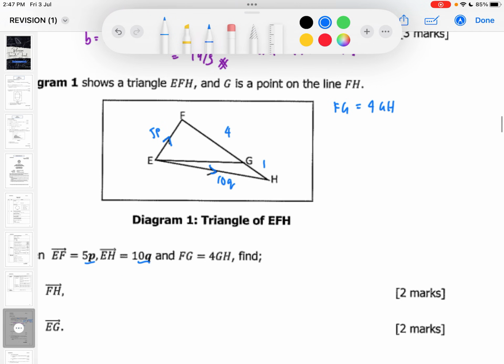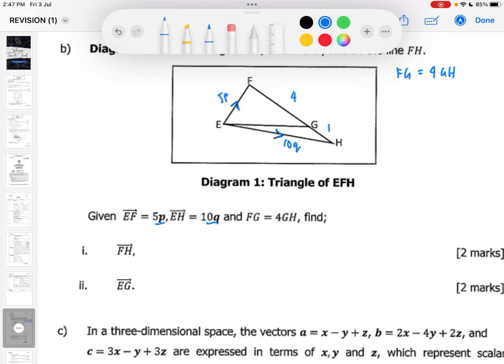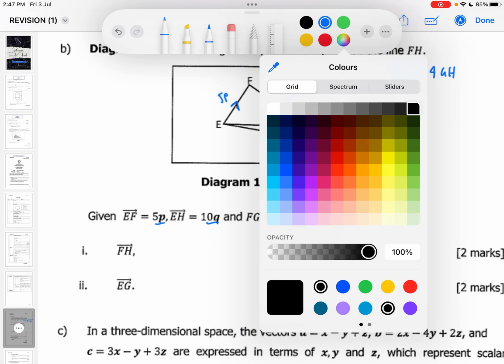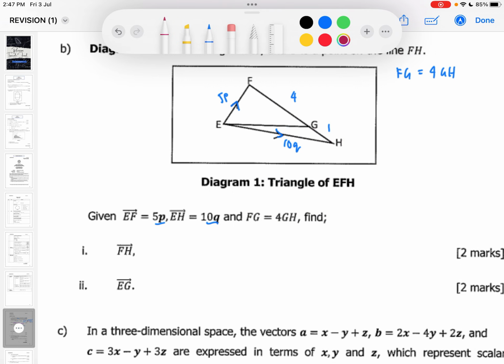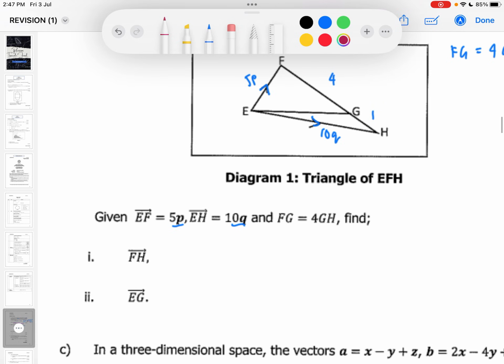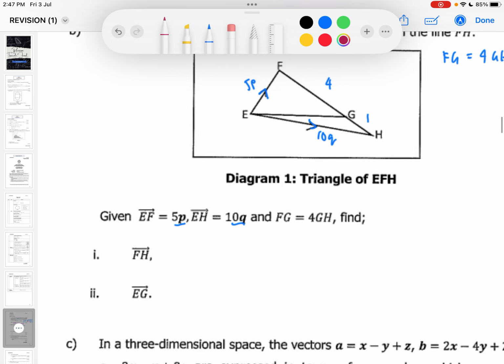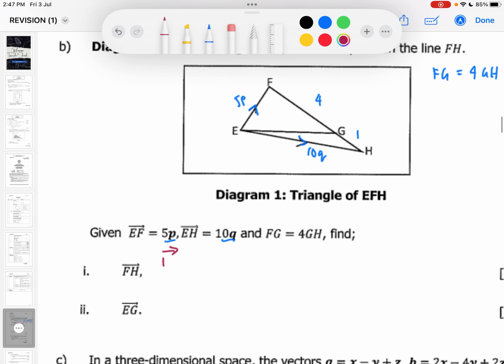Next, what is the first question? Find FH. We can just use FE plus EH, because I don't want to use the FG and GH information, since we don't have it yet. So I'm going to write down FE plus EH. I can go from F to E and then to H, which is basically the same as FH.